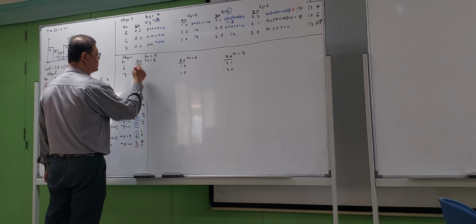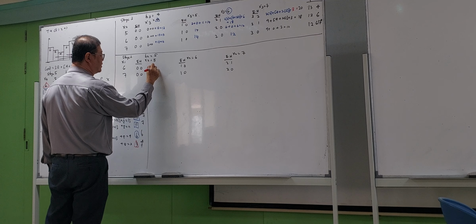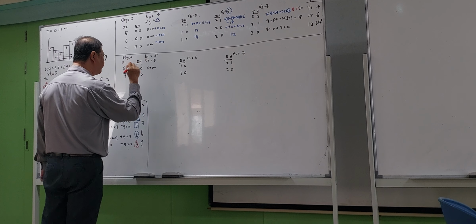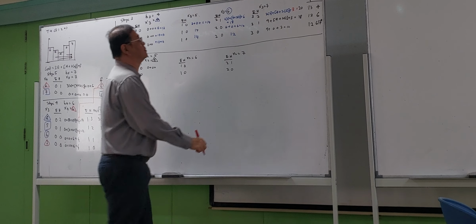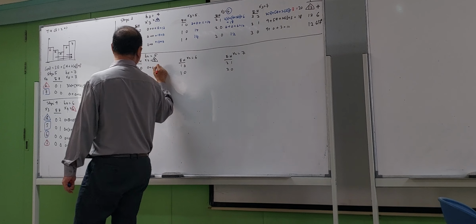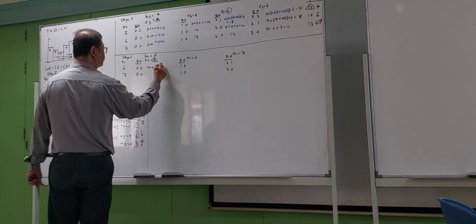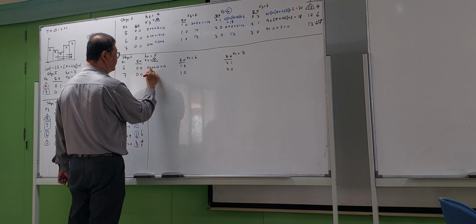Okay? So 0, 3 times 0, 0. But this one is 0, goes to 0. When x equal to 5, this one is, anyway both are the same. Okay, so when these two values are the same, these values are the same.